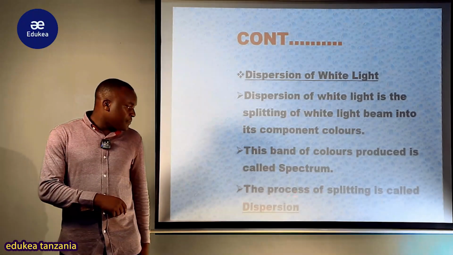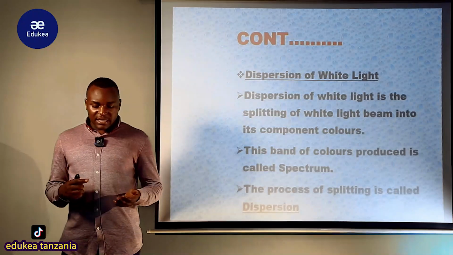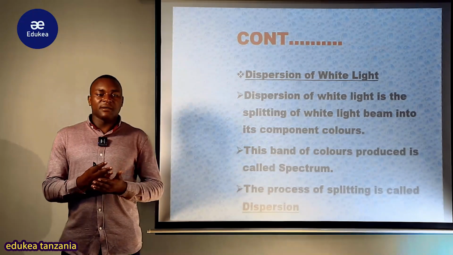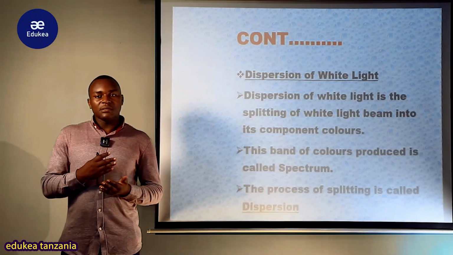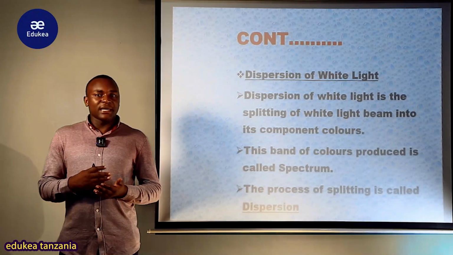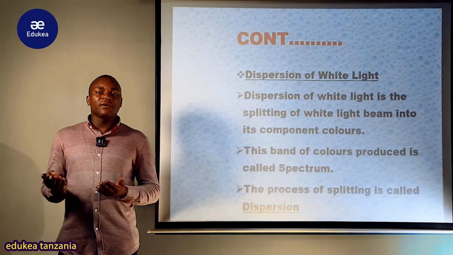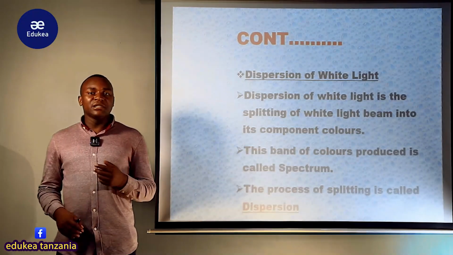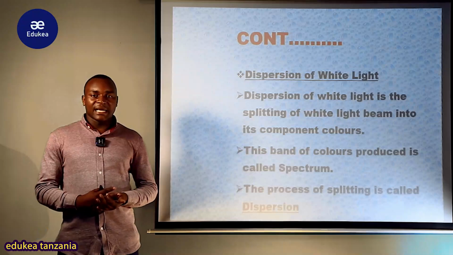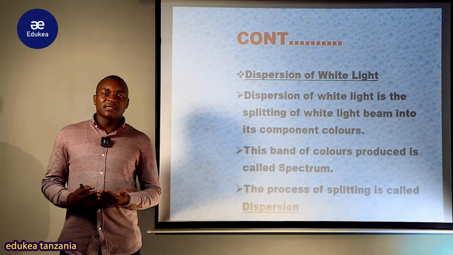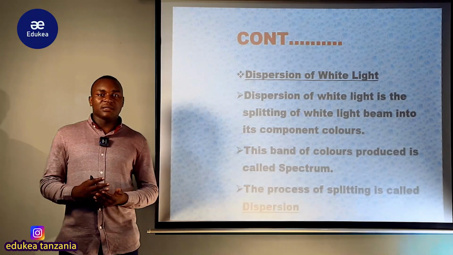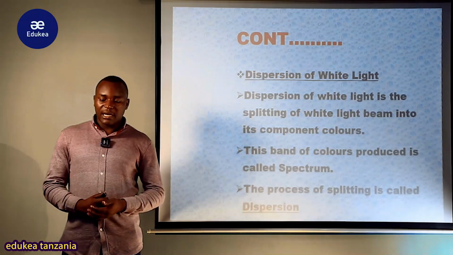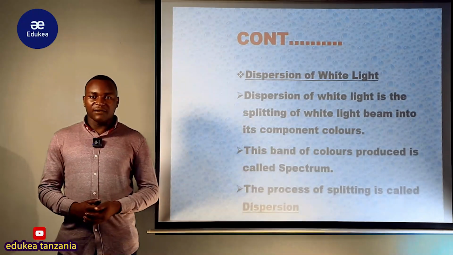So the process of splitting is called dispersion, kwamba kile kitendo cha kusplit light inaitwa dispersion, but dispersion of white light ni kule kusplit ile white light into its component colors, na zile component colors maana yake zile bando zake tunaziita spectrum. Tuangalie katika mchoro kwa namna gani dispersion inavyotokea.